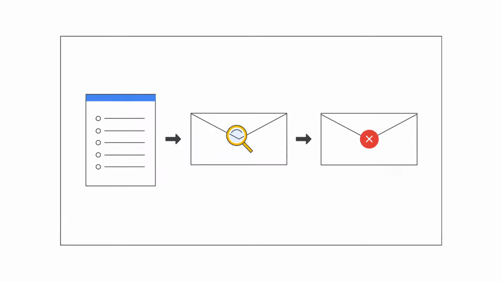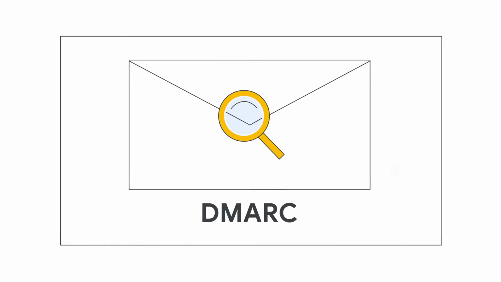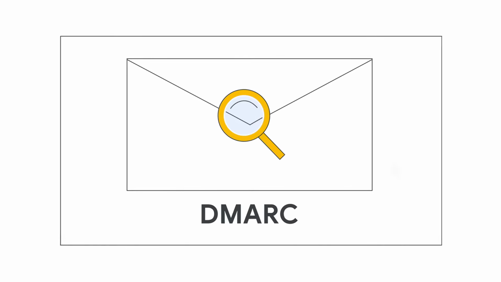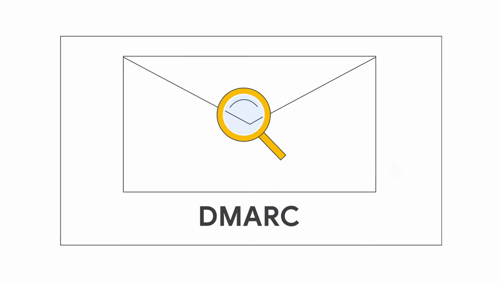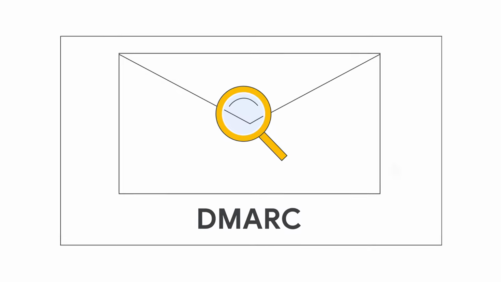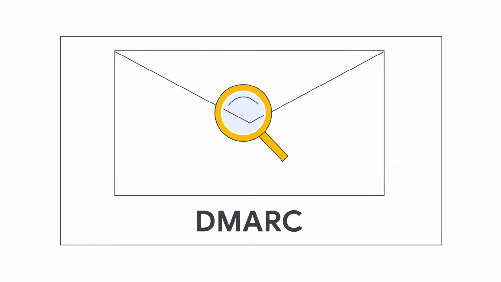You can deliver it normally, reject the message, or send it to spam. The daily reports you get with DMARC help you identify any potential issues with your email, like suspicious messages or issues with authentication. We've tried to make setting up DMARC as easy as possible, but some steps can be complex. We'll help you through each step when you follow the instructions in the Google Workspace Help Center.